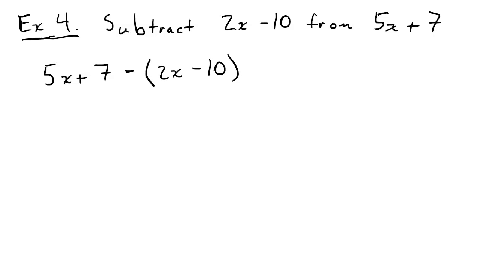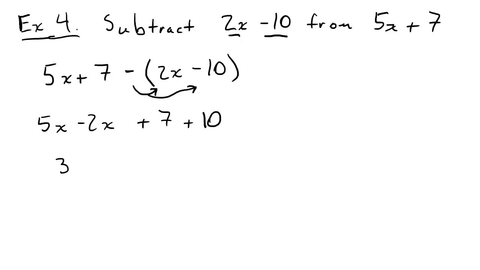The parentheses is important because you need to subtract the 2x, but you also need to subtract the negative 10. So when we do this, we distribute the negative sign, and we get 5x minus 2x plus 7 plus 10. So our answer is simply going to be 3x plus 17.